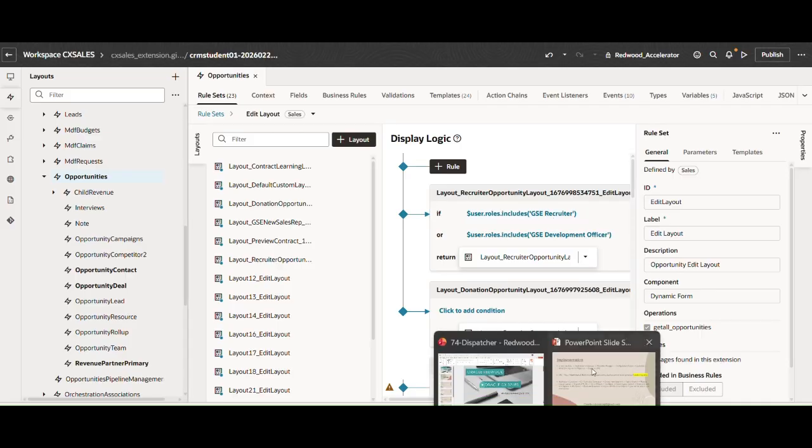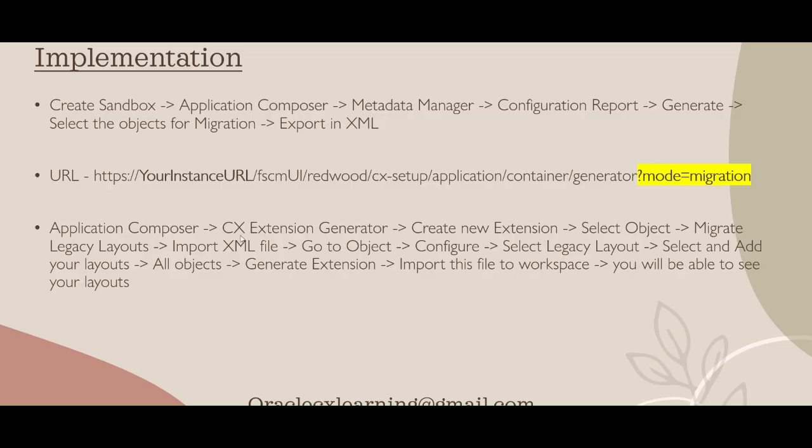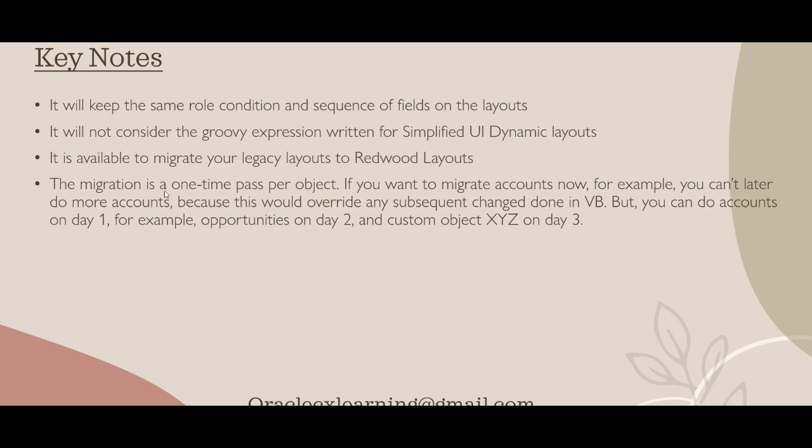As a summary, what we did is we went to application composer extension generator, selected the object, and clicked on migrate legacy layouts. The one catch is that you need to add mode equal to migration. Then you need to generate the file and import it into your workspace. That's it. The key notes: it will keep the same role condition and sequence of the fields of the layout that we have already seen.